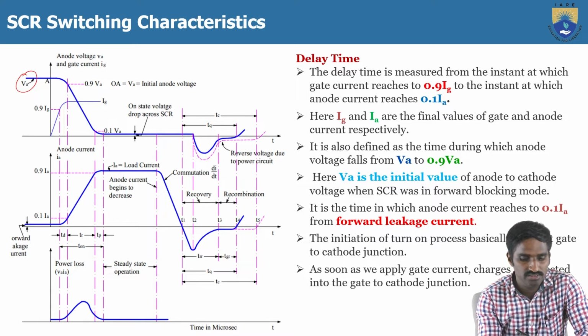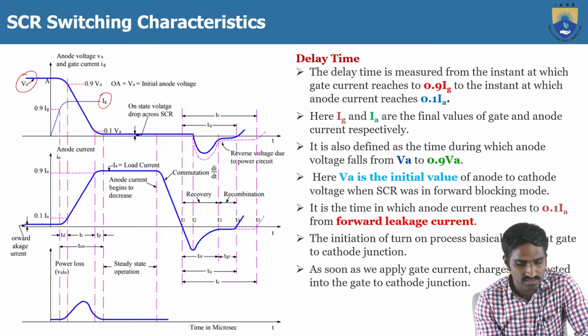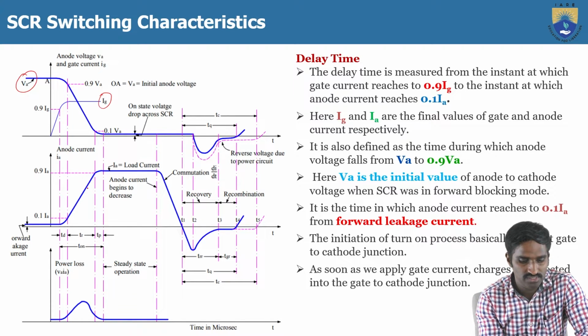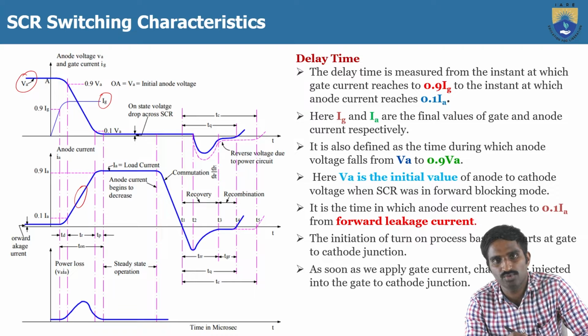This line represents IG, the gate current, and this curve represents the anode current. These are the three important parameters related to the turn on process.